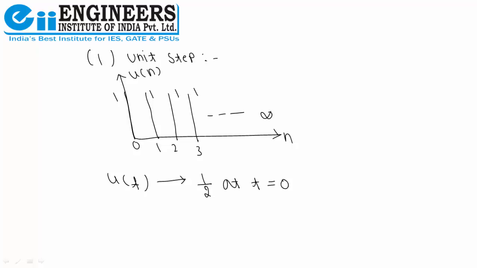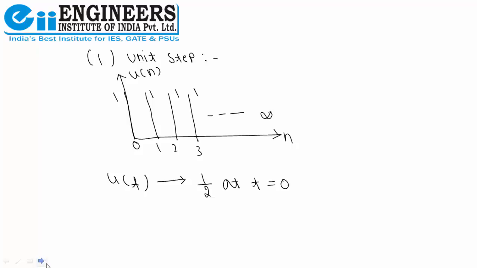In this case, u[n] at n is equal to 0 is 1, not 1 by 2. So u[n] is 1 at each and every value of n. This is the big difference, but the similarity lies in that u[n] will be 0 for n less than 0, or before 0 values of n, same as u(t).